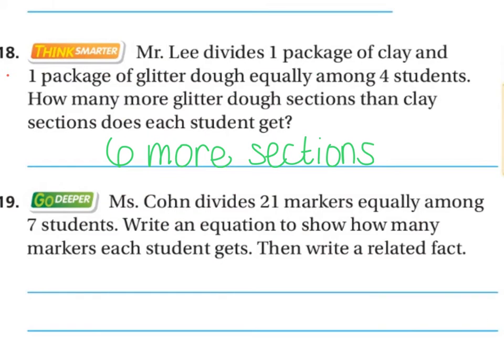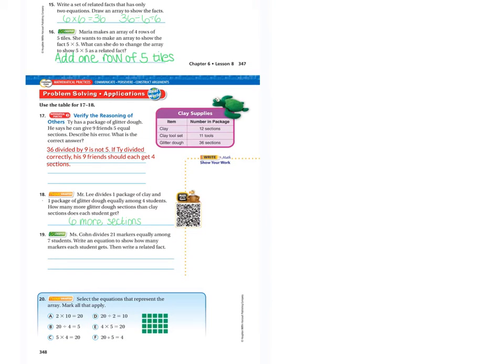The answer to number 18 is 6 more sections. Fast forward now if you got that. This is a multiple step problem that you really needed to read carefully. If you read it carefully and took it step by step, it shouldn't have been that difficult. So the first thing you need to do is look at the packages of clay in the table. So there are 12 sections of clay per package.